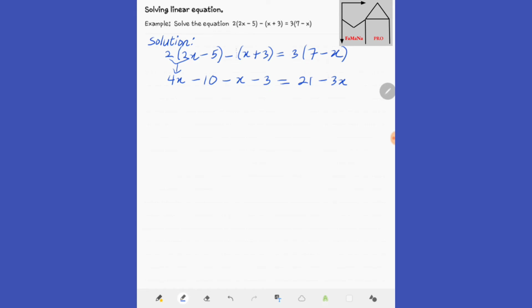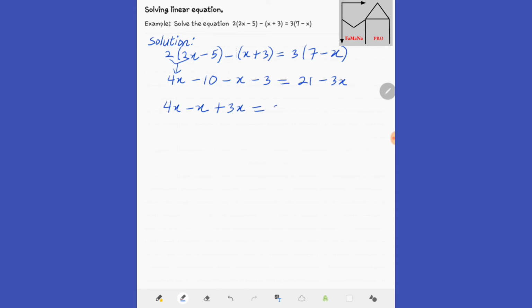At this point, the next thing you are going to do is collect like terms. Let's work with the left-hand side. We are going to move all the x's to the left-hand side. So we have 4x minus x. If I take minus 3x to join them on the left, it becomes plus 3x, because on the other side it was minus.